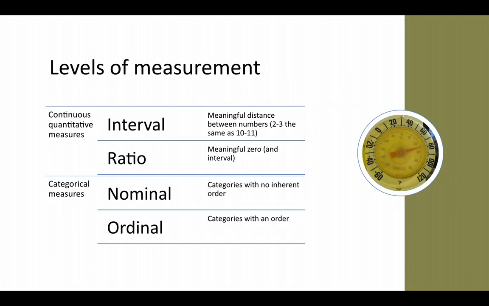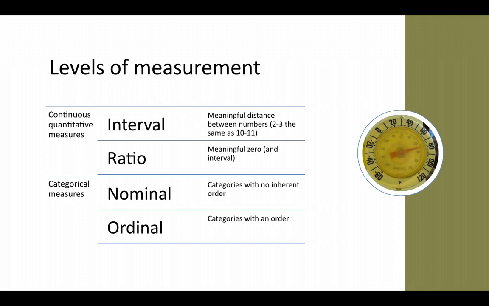All right, now let's talk about different levels of measurement. So first, we divide all the measurements into two different large categories. The first one will be continuous quantitative measures. All right, so basically numbers. The second large category will be categorical measures, which means different categories, different groups.